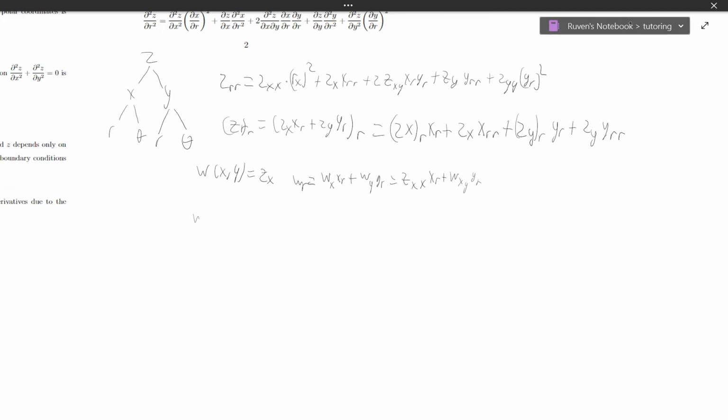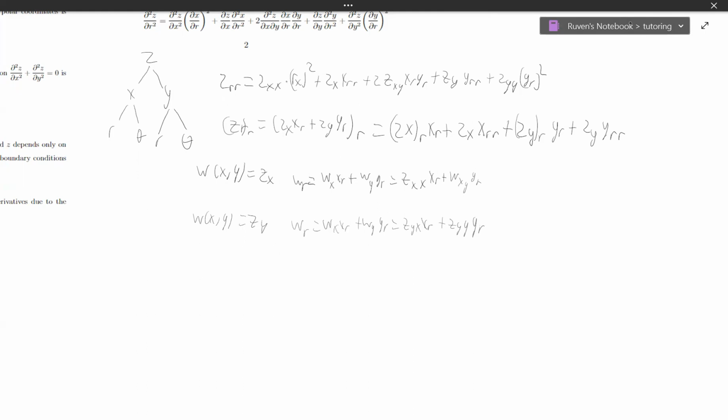Then we would have w_xy is equal to z_y. So then w_r is equal to w_xx_r plus w_y y_r, which is equal to z_yx x_r plus z_yy y_r. There you go.